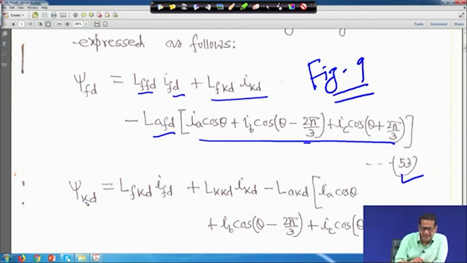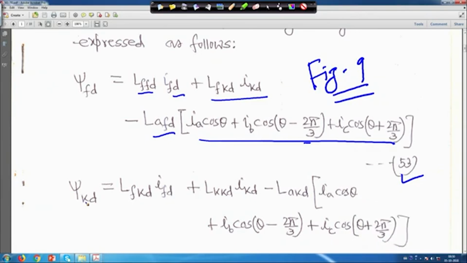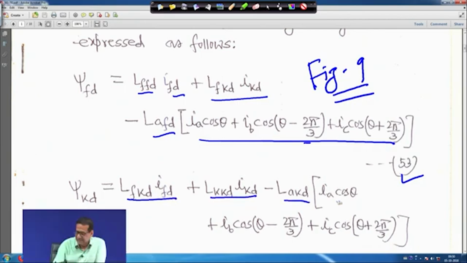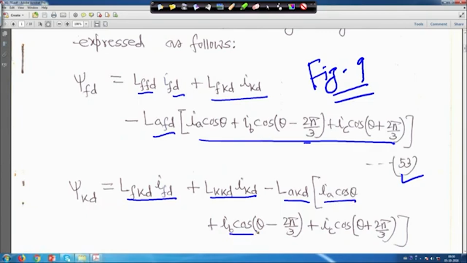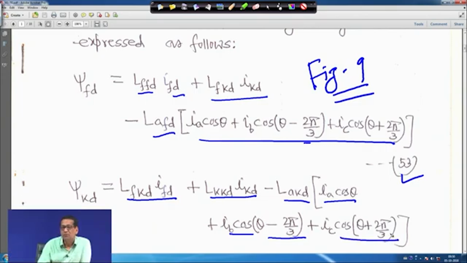Similarly, for psi KD, because you have an Emerson winding on the D axis also, again referring to figure 9. There also, LFKD IFD plus LKKD IKD minus LAKD, same thing, into IA cos theta plus IB cos theta minus 2 pi by 3 plus IC cos theta plus 2 pi by 3.